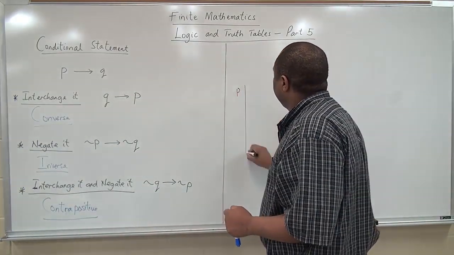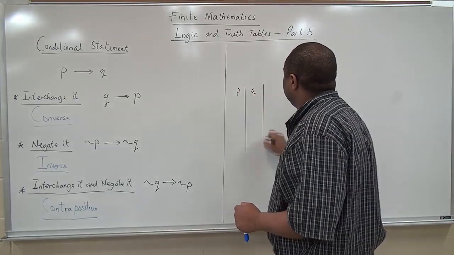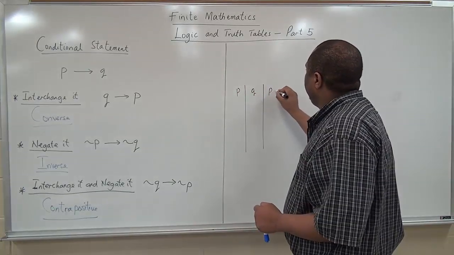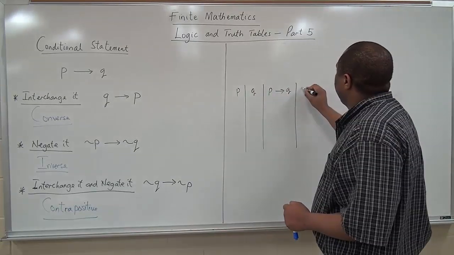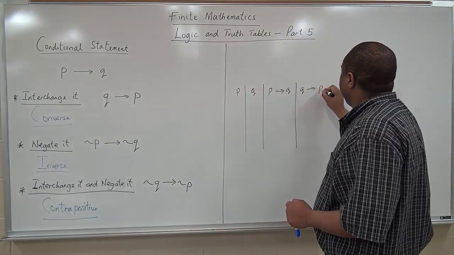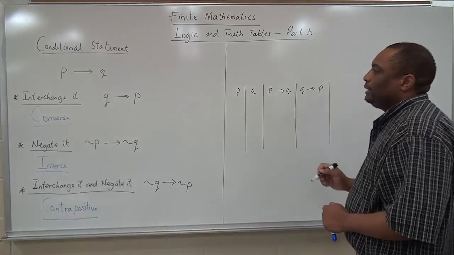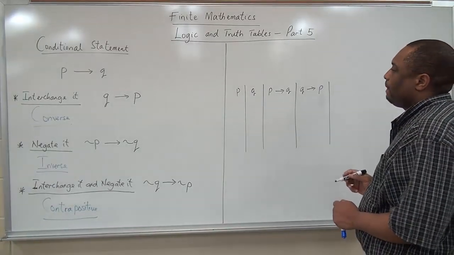We have P, we have Q, we have P implies Q, we have Q implies P, that is the converse.